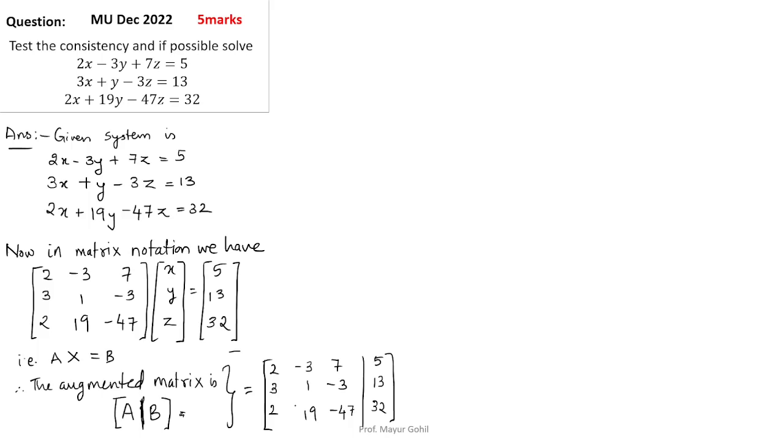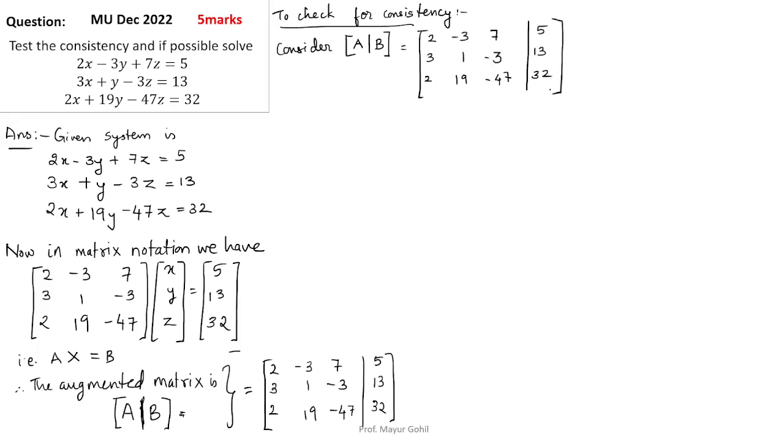Now we have this system here, so we want to check whether it is consistent or not. So we write here, to check for consistency, consider the augmented matrix A B, which is, here, the same matrix I'm writing again.